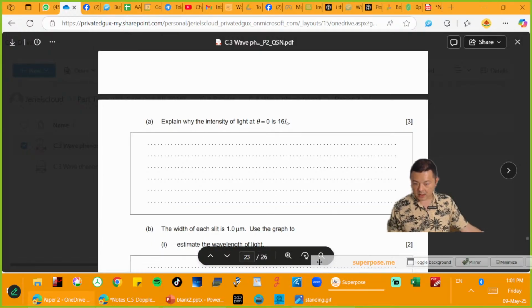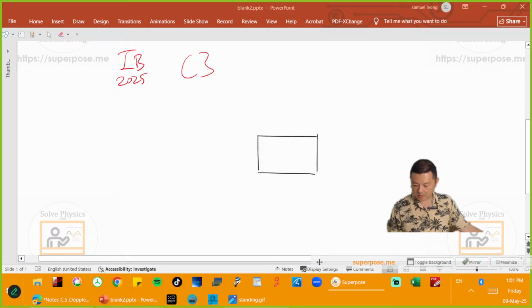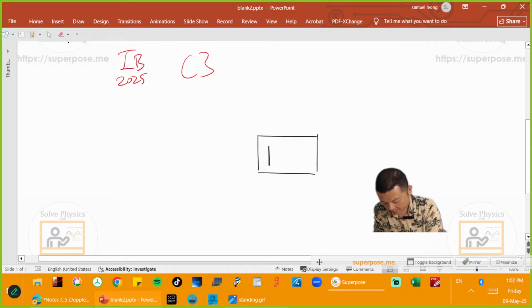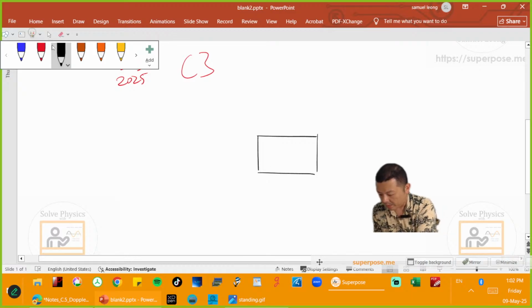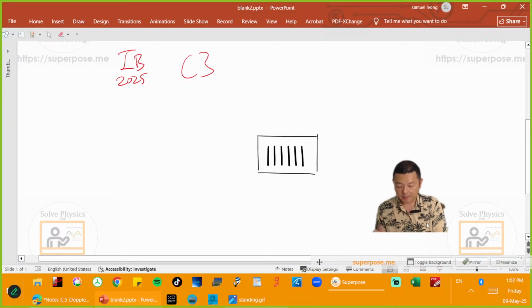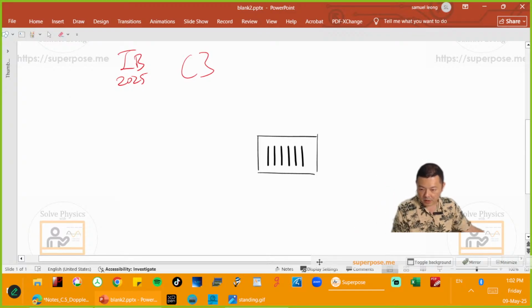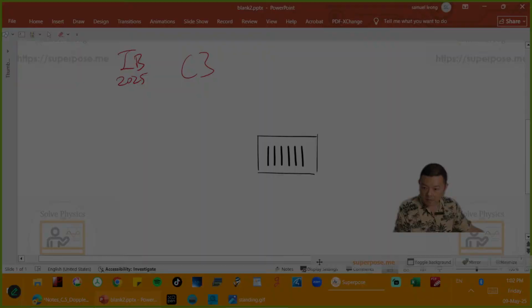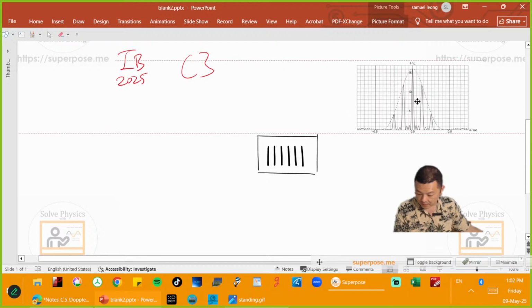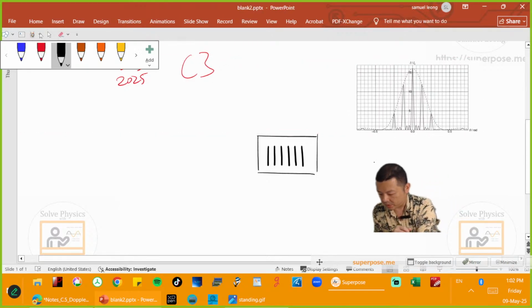Let's do this now. Multiple slit, but I make the slits a little bit thicker to show you that it's not ideal. I'm just going to use that picture over there, and then you get a pattern that looks like this on the screen.